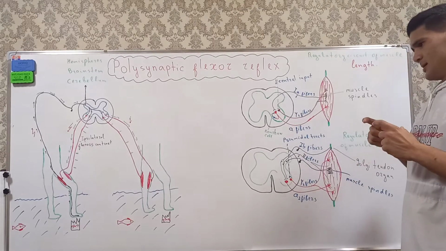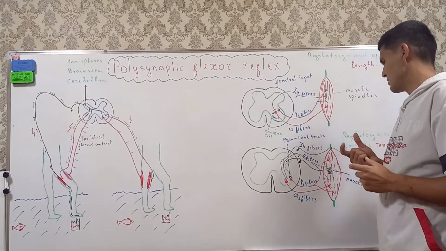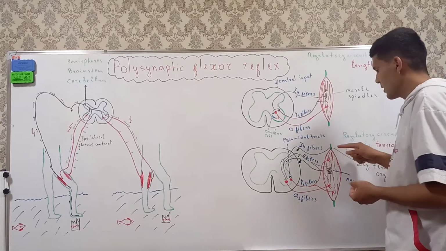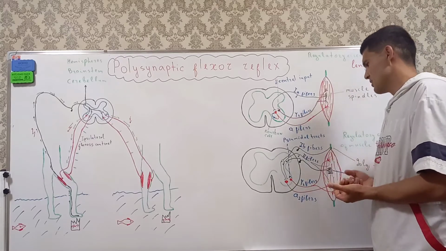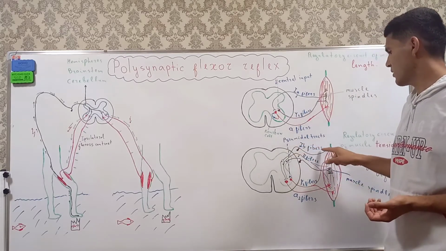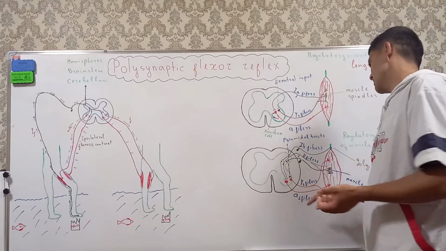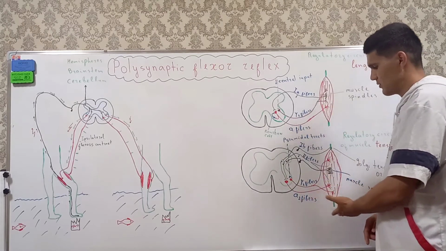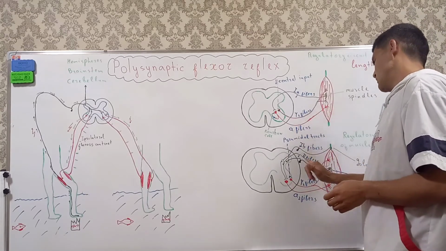When the muscle tension is enough to activate the Golgi tendon organ, it generates action potentials, and it can carry these impulses via 1B fibers. And 1B fibers can connect with other neurons, and as a result, contraction of this muscle via alpha 2 fibers can happen.